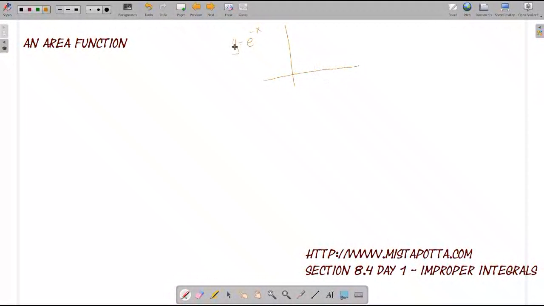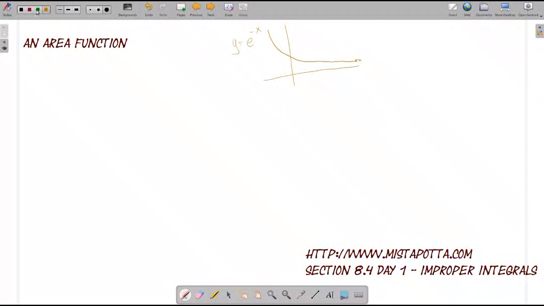It's the reciprocal of the exponential function. So it's going to approach y equals 0 as x increases without bound.